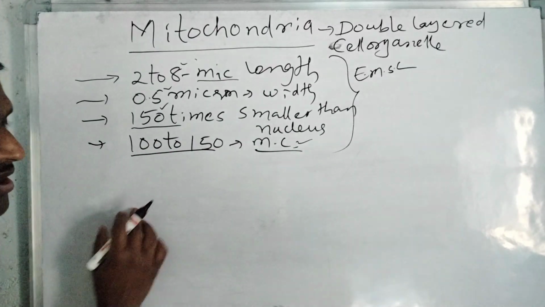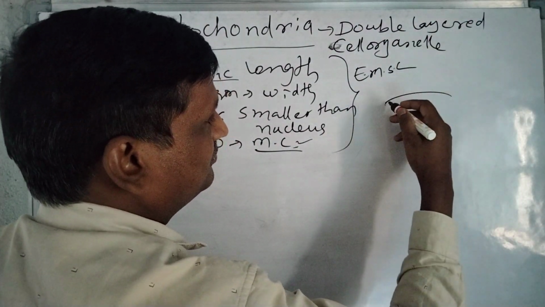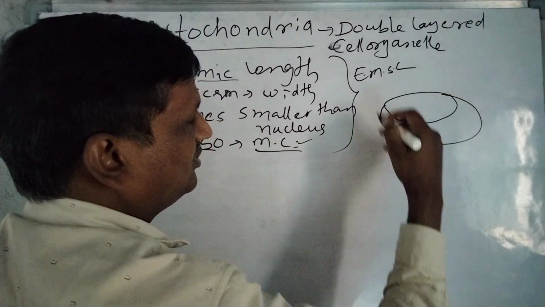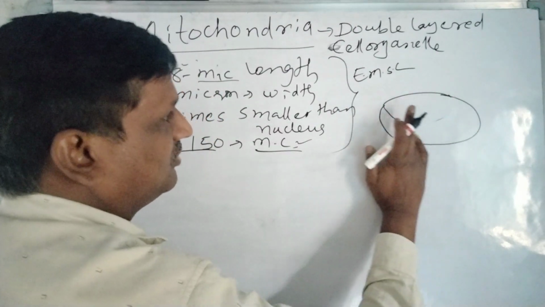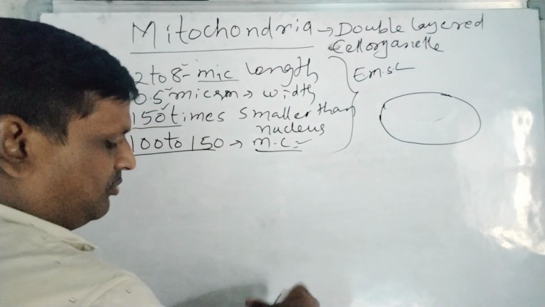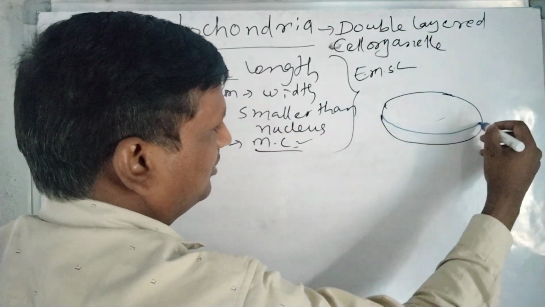Next, the structure of the mitochondria. It has two membranes: one is the outer membrane and the other is the inner membrane.